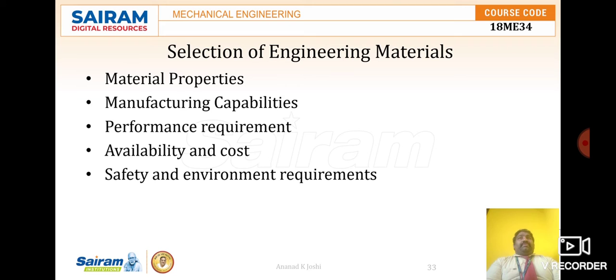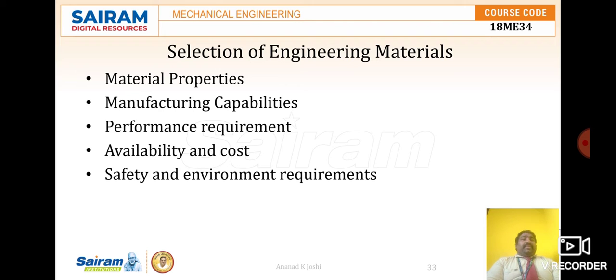Chemical properties include corrosion resistance, humidity, acidity and alkalinity. Electrical properties include resistivity, conductivity and dielectric strength. Magnetic properties include permeability and magnetic hysteresis, and optical properties include reflection, refraction, transmission, absorptivity and luminosity.